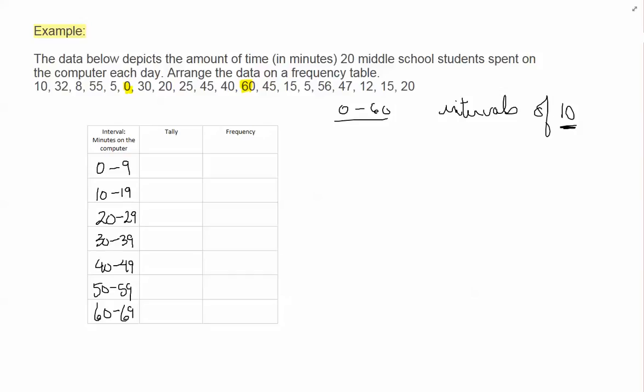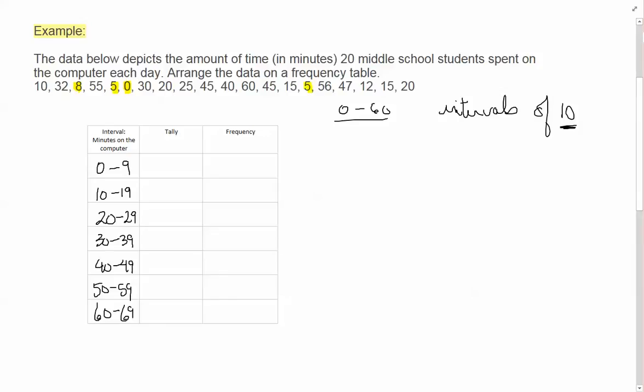So let's count the frequency. I have 8, 0, right beside the 0 is a 5, and I have another 5.